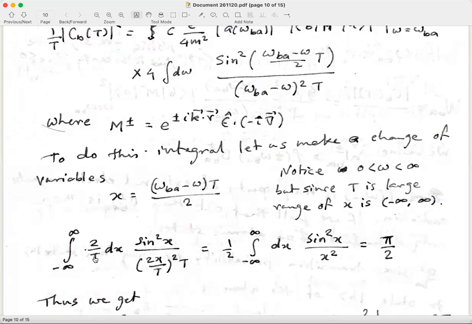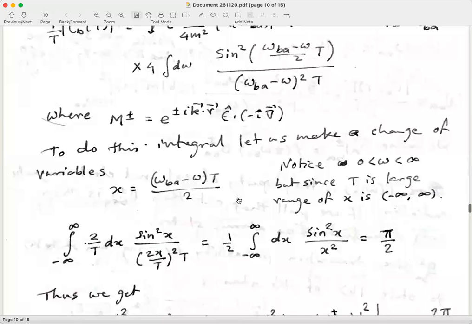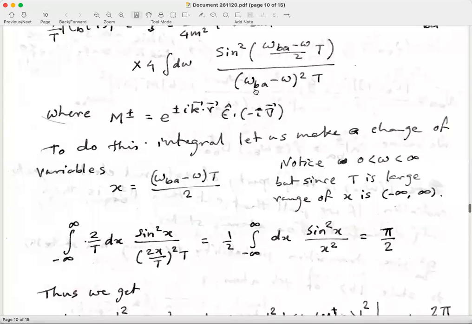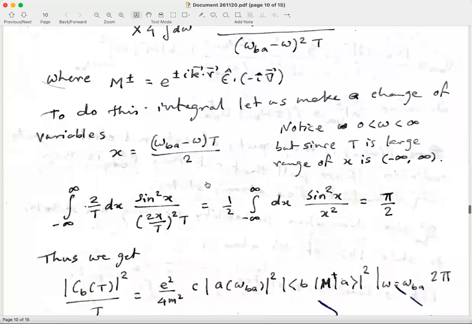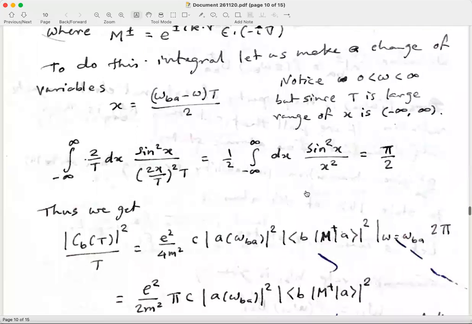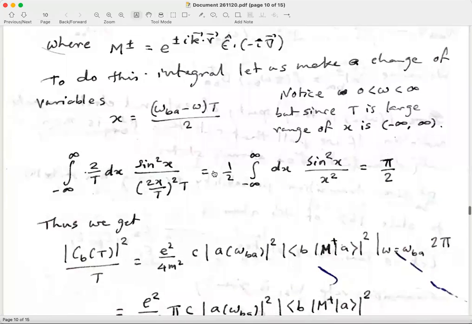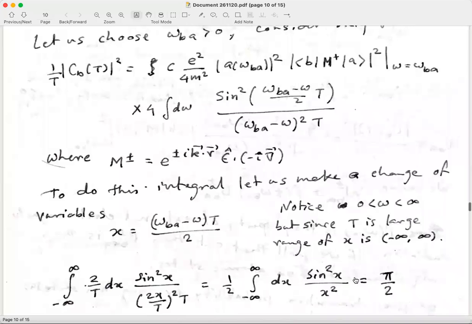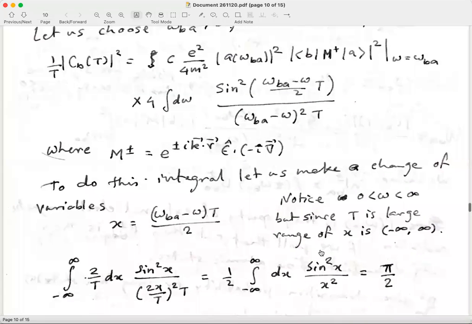You can manipulate this quantity and see that it comes out to be half, because of this factor of 2 sitting around, times sine squared x upon x squared. This integral is known; you can compute it to be pi by 2. We know how to compute this integral using the change of variables. So you get the factor pi by 2 from this, and there is a factor of 4 sitting outside. Taking them together, you get the answer 2 pi.